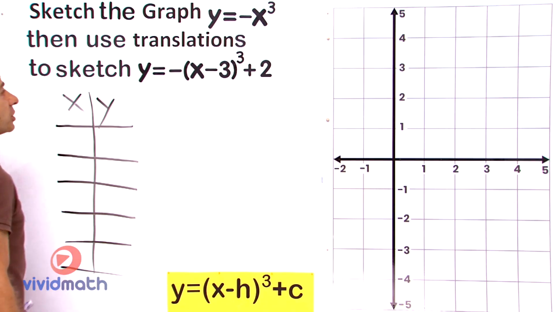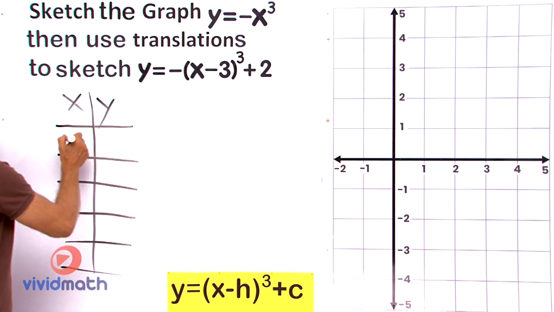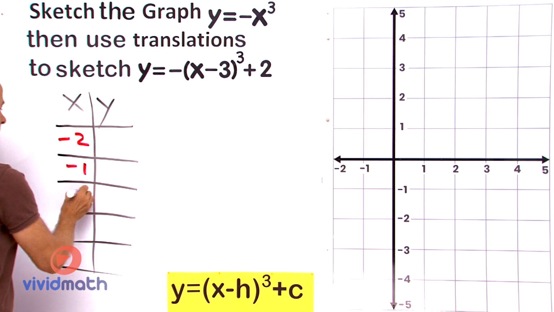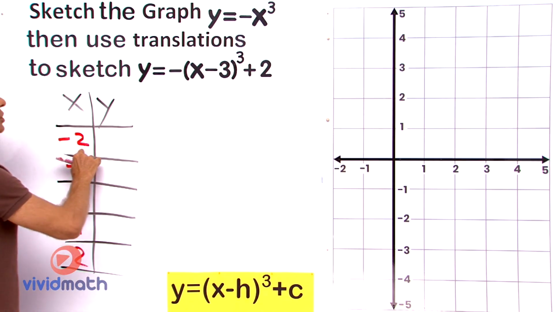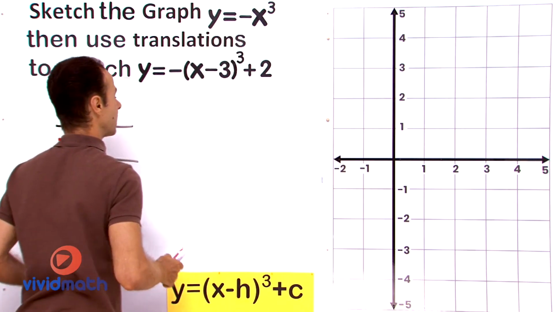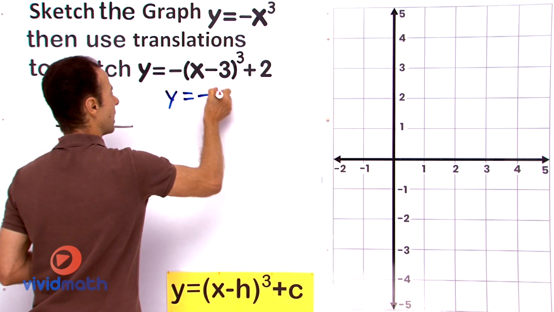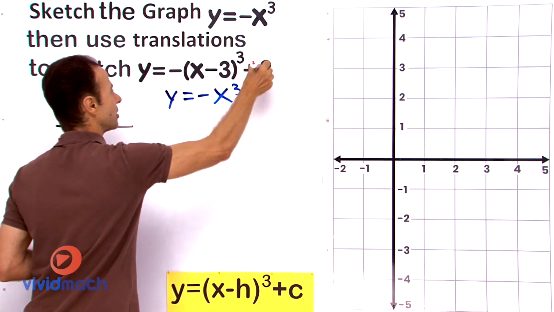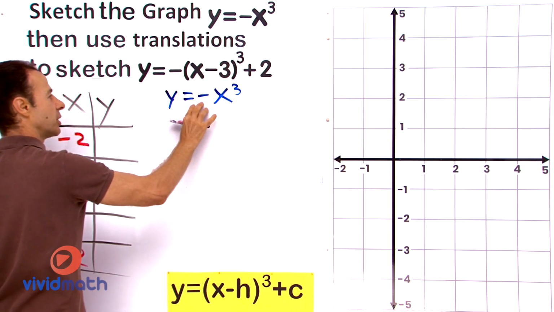So let's start putting some values in there. I'm going to go from, say, negative 2, negative 1, 0, 1, and 2. All right, let's substitute these into y equals negative x cubed. We're not going to put it straight into the final equation, because we're going to use this to draw that. So all we need to do is draw that.